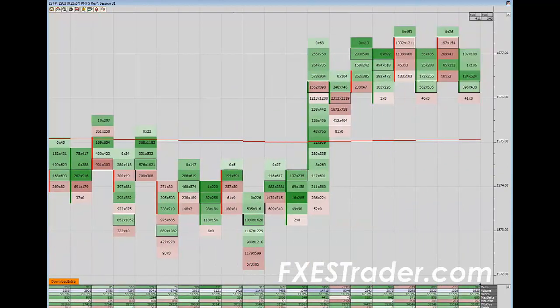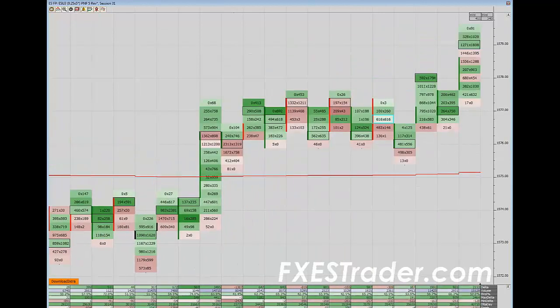Notice every time, as soon as we zipped up through this area, the black boxes that show the volume nodes in each one of these candles and each one of these individual footprint volumes, every time we came back down to test the area, there was really no selling taking place, and we just continued to bounce back up with a little bit of light volume on the bid.